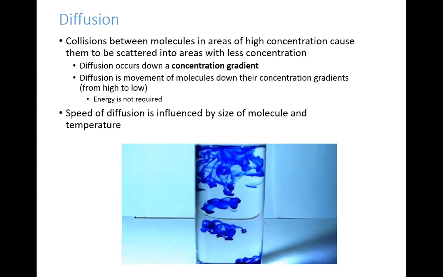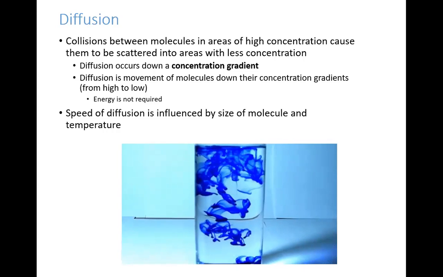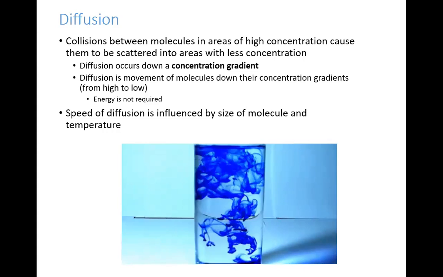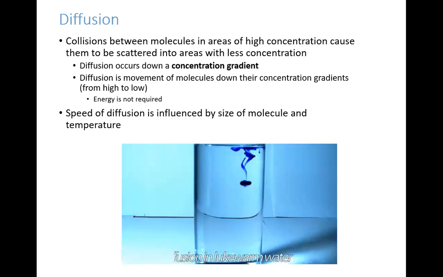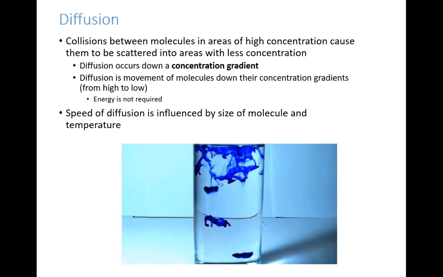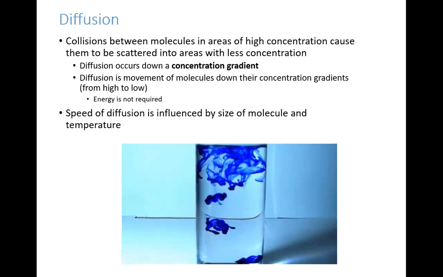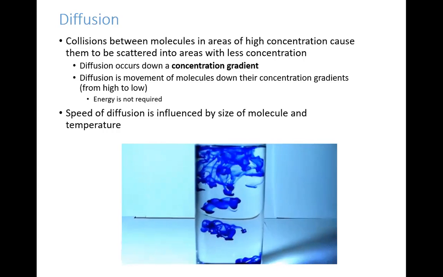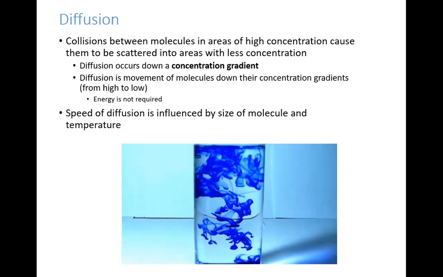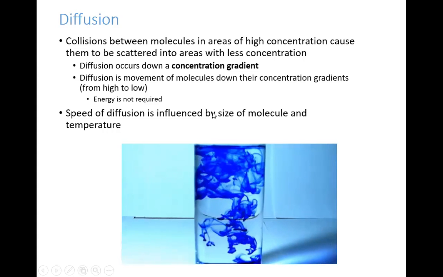The dye didn't have to use any energy. It's simply moving from high concentration to low concentration thanks to the movement of the water molecules. The same thing would work in air with odors. And so it's a free ride. This is simple diffusion from the high concentration to the low concentration, down the concentration gradient.